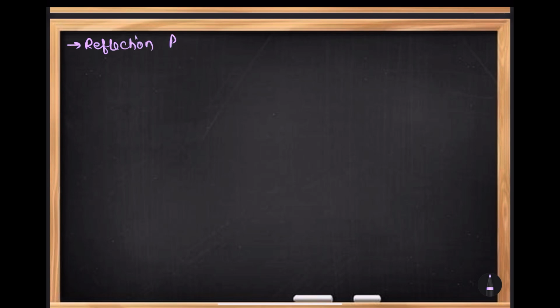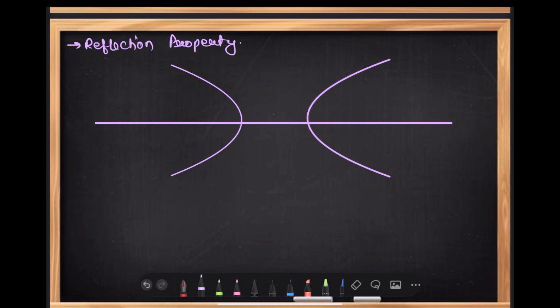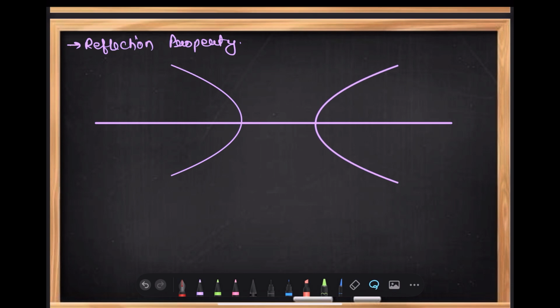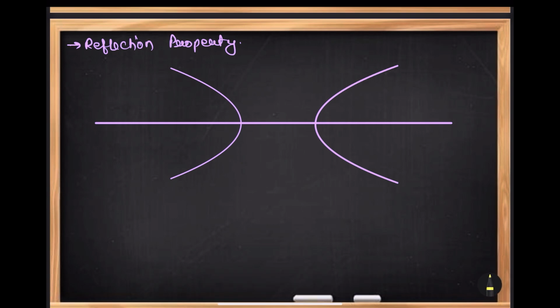Okay, reflection property. So the idea is, suppose that we have a hyperbola. Look at this hyperbola. Suppose this is the foci. This is the foci.